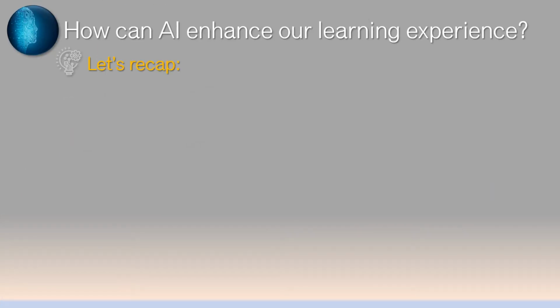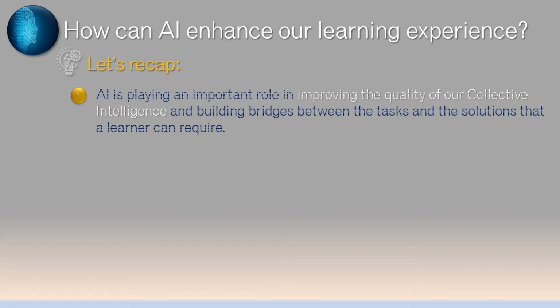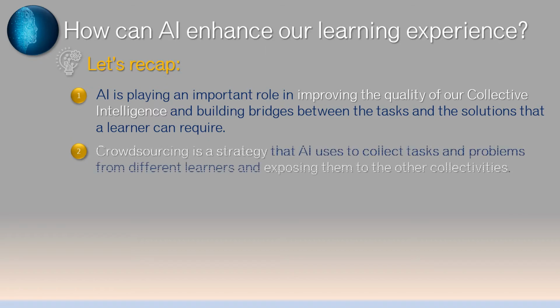Now let's recap how artificial intelligence enhances our learning experience. AI is playing an important role in improving the quality of our collective intelligence. It builds bridges between the tasks and the solutions that the learner can require. Then crowdsourcing is a strategy that artificial intelligence uses to collect tasks and problems from different learners and exposing them to the other collectivities.